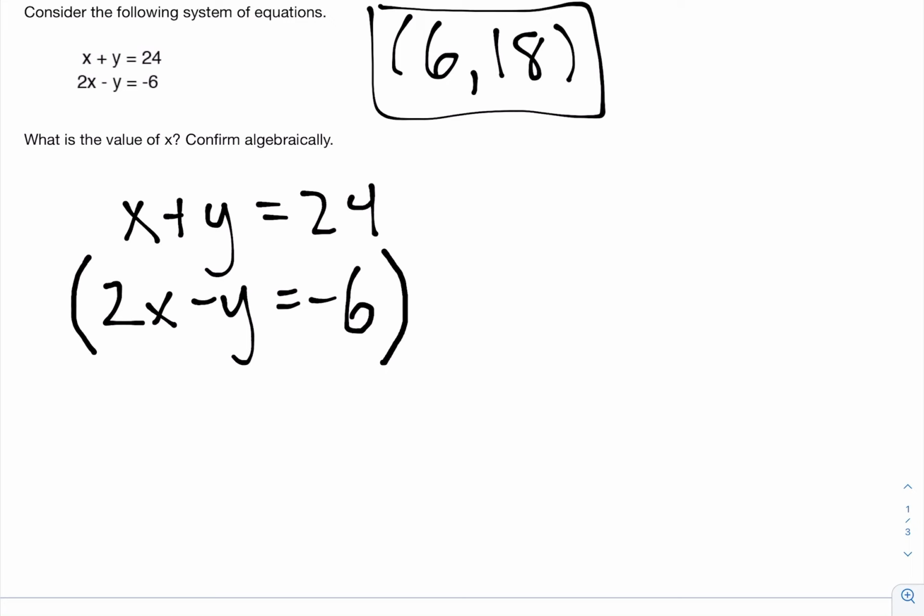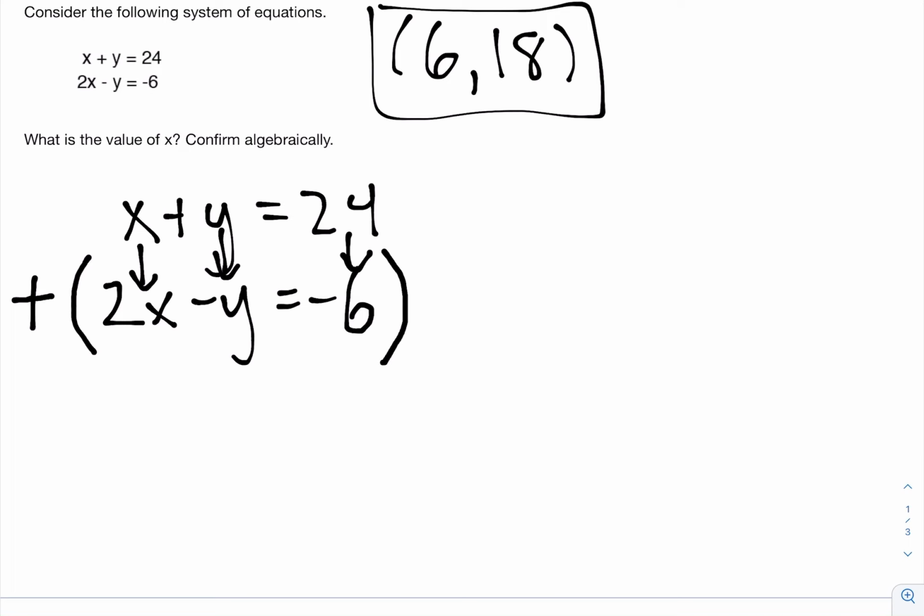If for every term in the top equation, the x, the y, and the 24, we added what was directly below it in the equation below, we're going to eliminate the y variable. So we'll just be left with x's and constants, which is good.